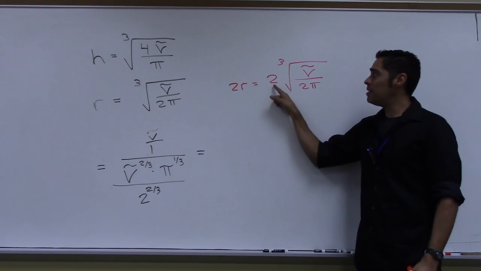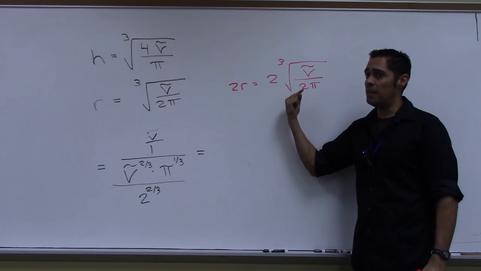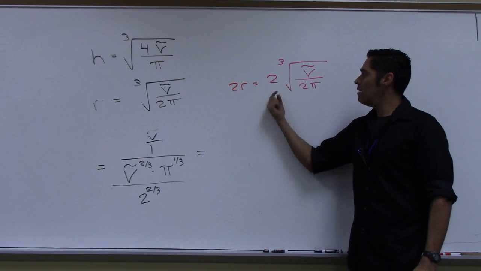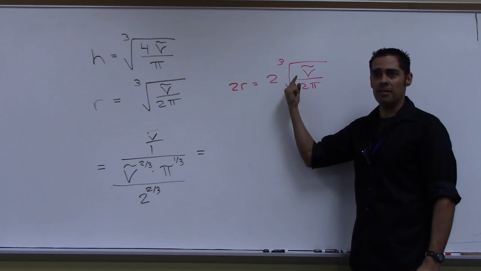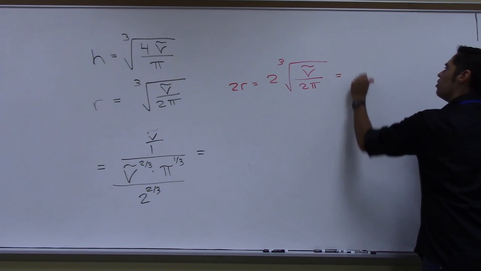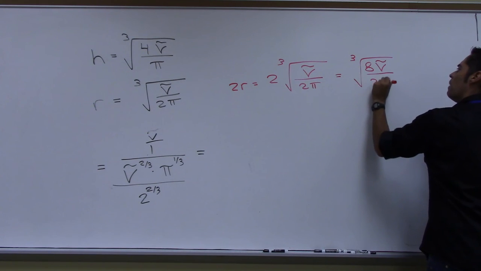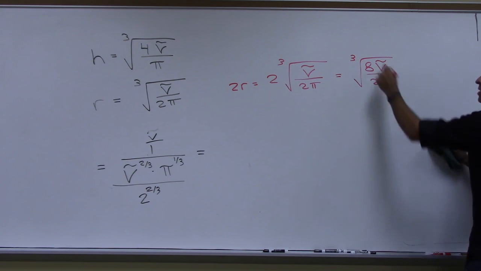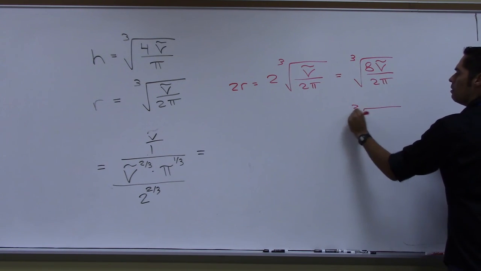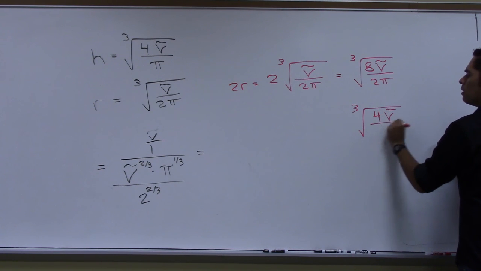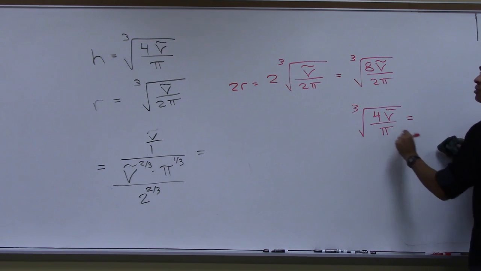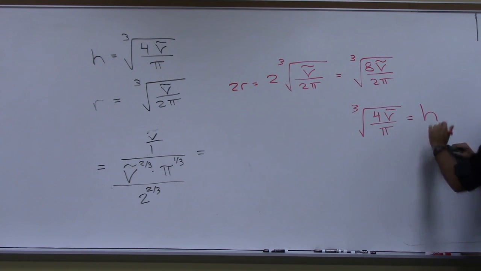If you have something outside of a cube root and you force it in, it gets cubed. If I force that 2 in, it becomes an 8, doesn't it? So this becomes the cube root of 8 v tilde over 2 pi. And what's 8 over 2? Then it's 4 v tilde over pi, which is actually h.